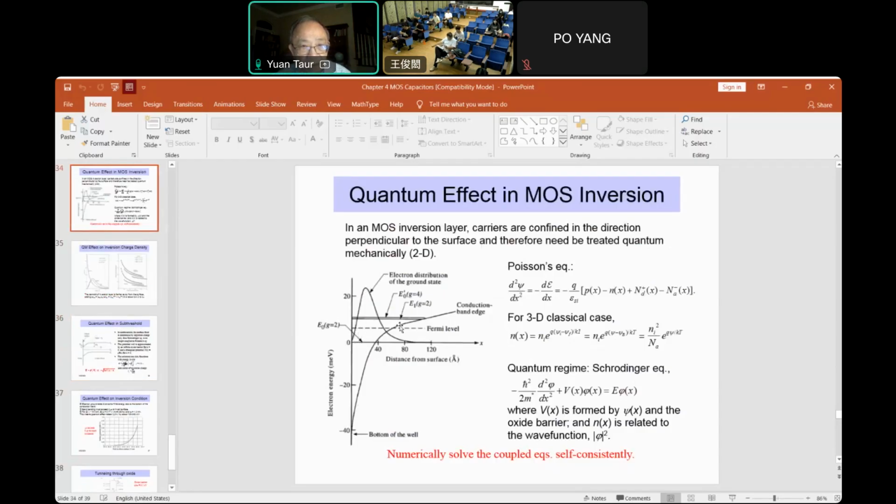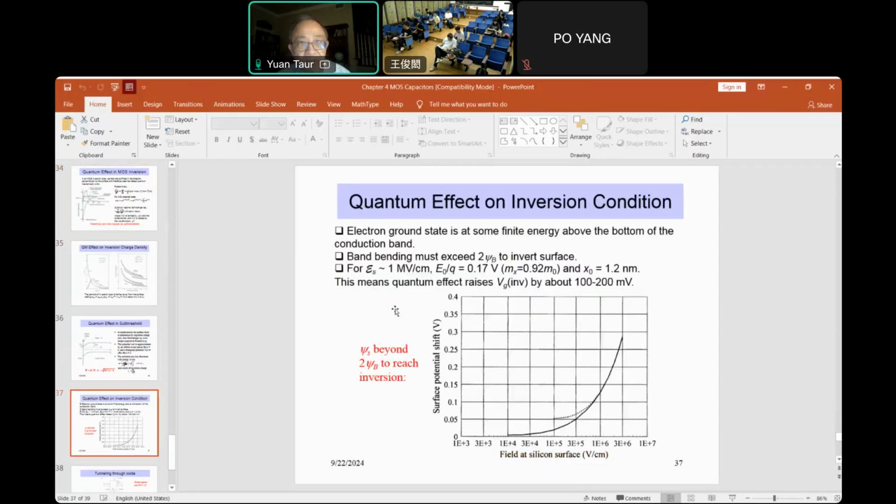Okay, so you bend by 2 psi B is not enough to reach threshold. We have to bend by 2 psi B plus something, due to quantum effect on the inversion condition. And that's shown in this plot. So it's the shift. Shift means that the surface potential has to be 2 psi B plus this shift to reach the inversion condition.